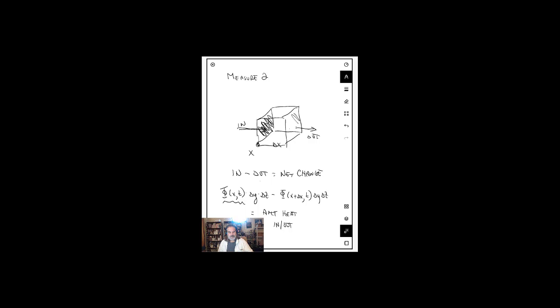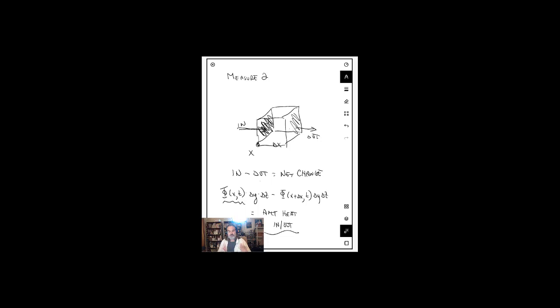And then the net flux at x plus delta x times the area of that face, which again is delta y delta z, is how much heat is leaving. And so the difference between those two is our second measure of the change in the amount of heat in that representative elementary volume.